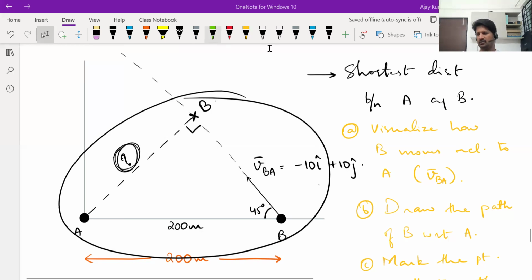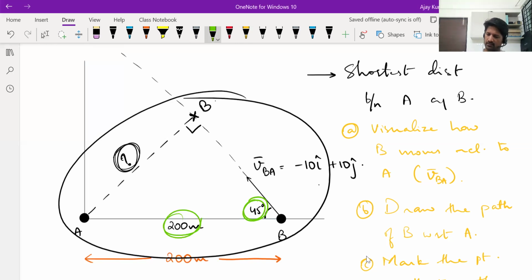Trigonometry. Basic trigonometric ratios relate an angle and two sides of a triangle. Now you know one angle here. You know one side here. You need the other side. You just have to use the appropriate trigonometric ratio. That's all.